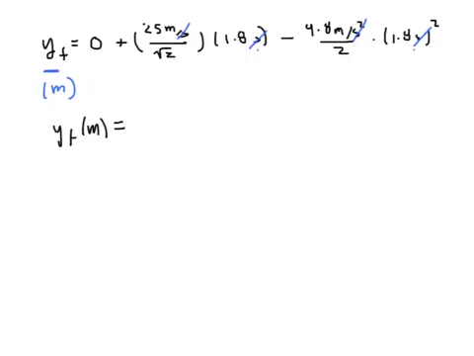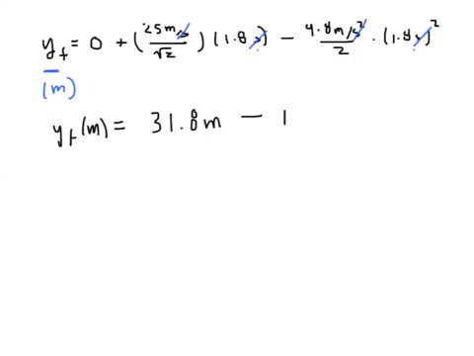Okay, let's try it out. 25 times 1.8 divided by the square root of 2 is 31.8 meters, minus 9.8 over 2, which is about 4.9, roughly 5, times 1.8 squared. Oh, what is that? 5 times 3 is about 13, but let me do it here. 4.9 times 1.8 squared.